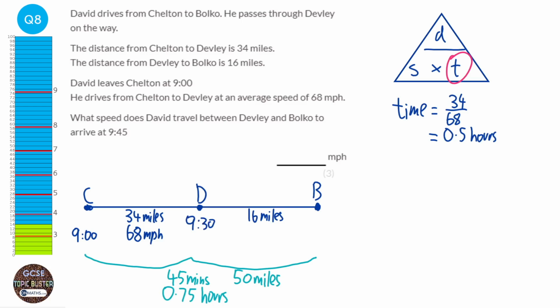So that means we've got 15 minutes left. Okay, so we've got 15 minutes to travel the 16 miles. So this time we're looking for the speed. So it would be speed equals the distance, which is 16 miles, over time, which is 15 minutes, but we need that in hours, so that would be 0.25 hours.